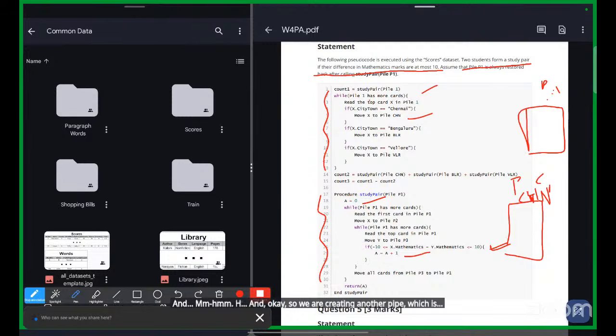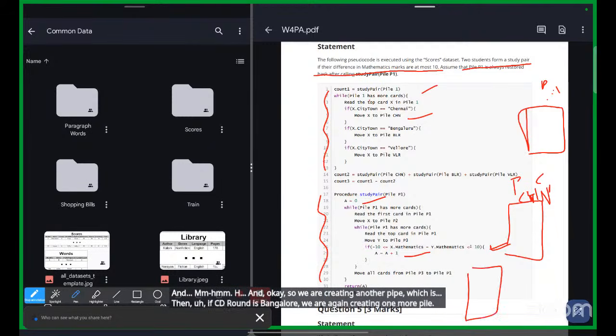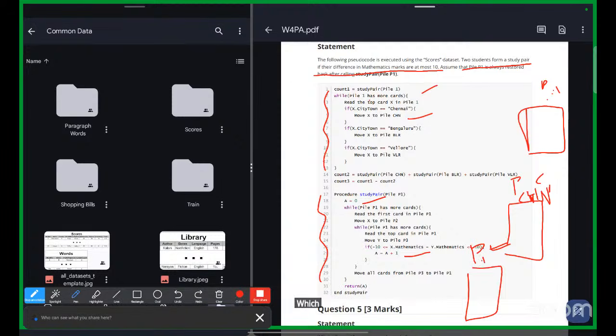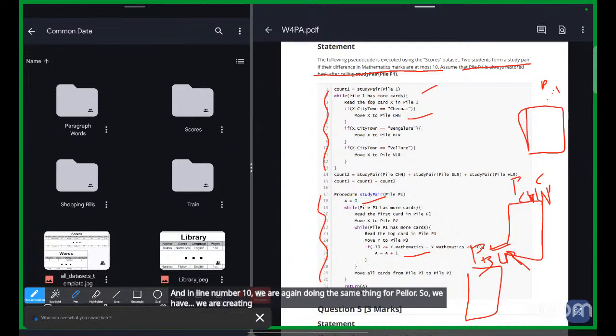Then if city town is Bangalore, we create one more pile, which is BLR. In line number 10, we are doing the same thing for Bellot. So we are basically creating three piles.